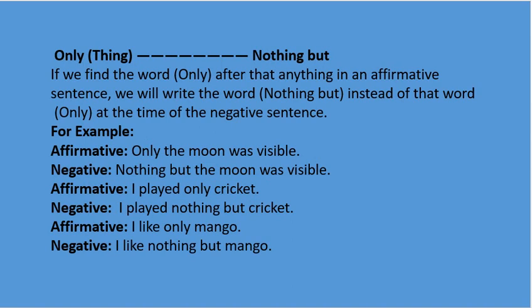Only thing, nothing but. If we find the word "only" before any thing in an affirmative sentence, we will write the words "nothing but" instead of the word "only" at the time of the negative sentence.